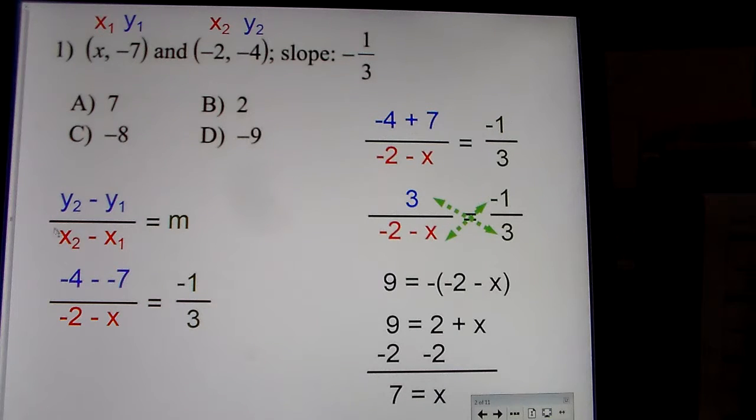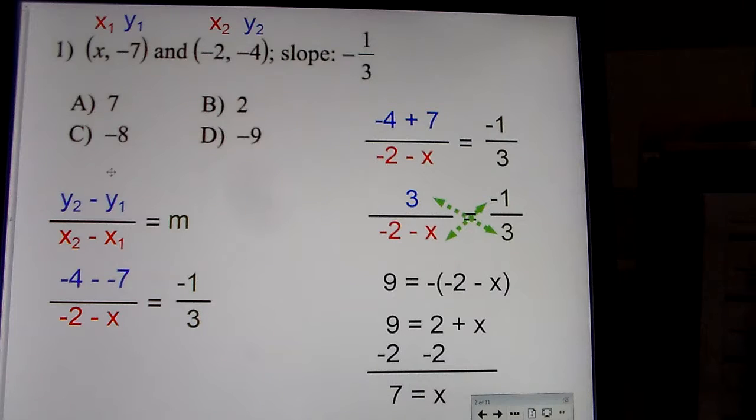So, what we do, we take our slope formula, we plug in what we have, which is y2 minus y1. So my y2 in this example is -4, so I put a -4 in, minus my y1, which is -7. So we have -4 minus a -7. Then our x2 is -2, so I put in a -2.